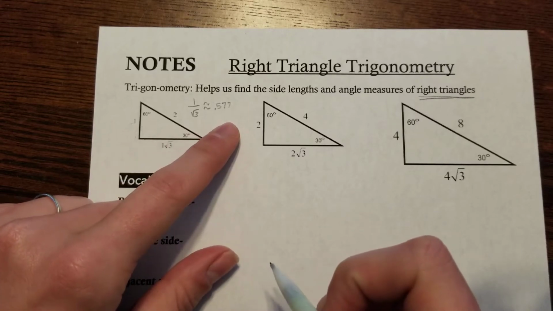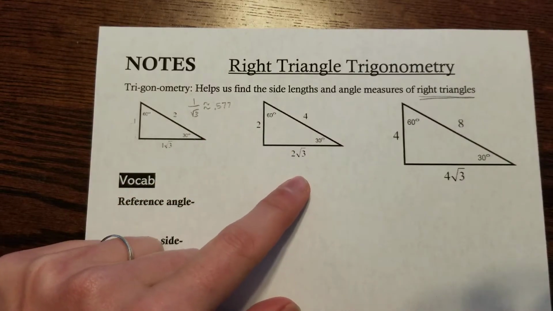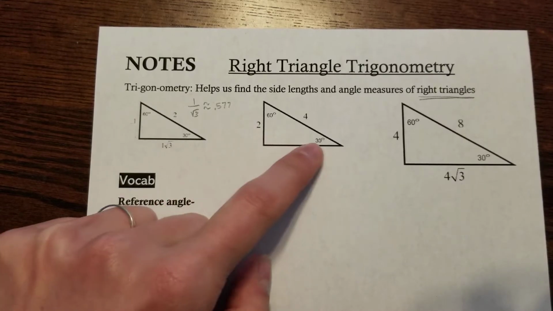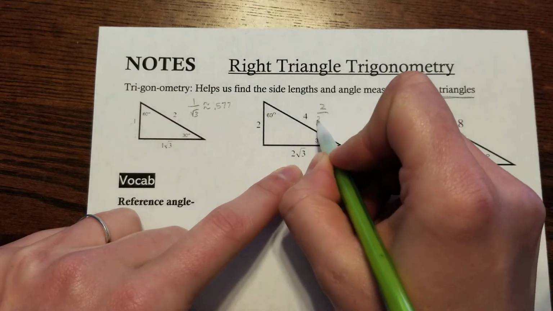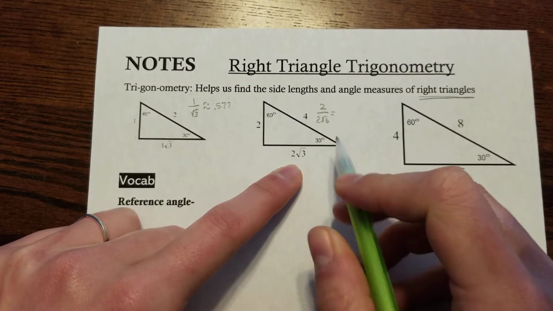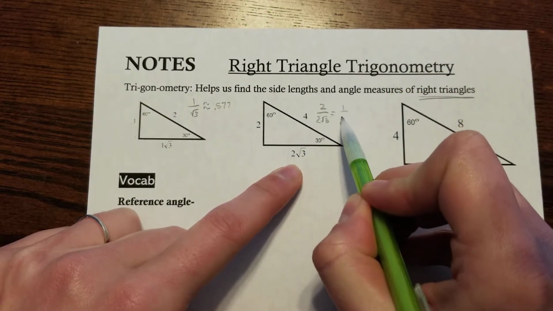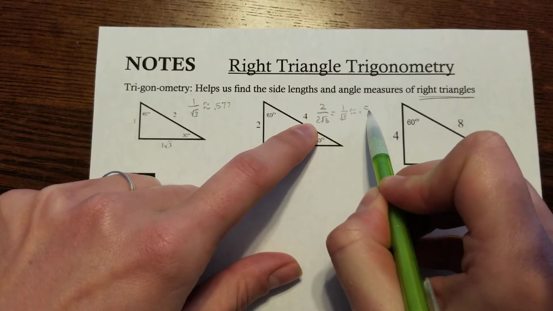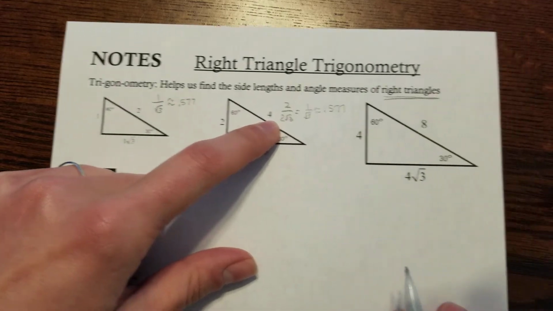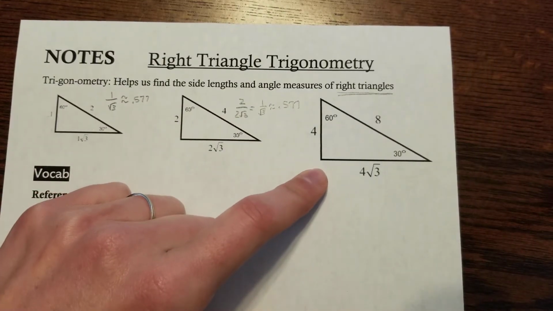is 0.577. Now, in my second 30, 60, 90 triangle, I'm actually going to compare the exact same two sides. So the side that's across from my 30 and the side that's next to my 30, 2 root 3. And that's actually going to reduce down to the exact same thing. 2 divided by 2 is 1. So that's also going to be 0.577. And then for our third triangle, we're going to compare the same two sides again.